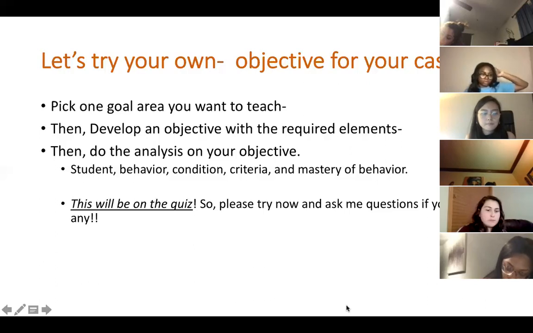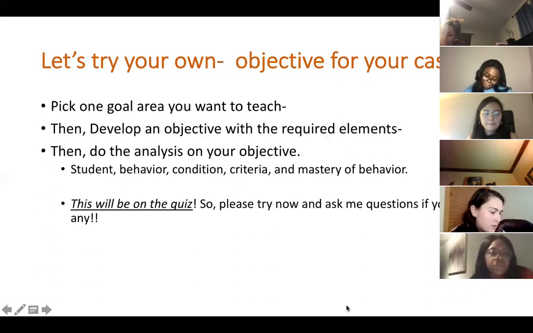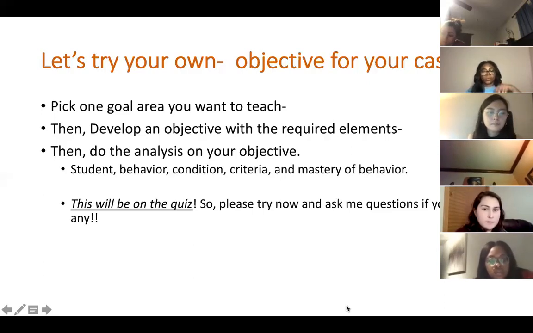Yeah, Christine? When given 16 counting bears, 4 red, 4 blue, 4 green, and 4 yellow, Nick will sort the bears by color with 100% accuracy for 8 out of 10 trials. Can you read the behavior part? Sorry, I missed that part. Behavior: will sort the bears by color. Perfect, perfect. So you have everything in your objective: condition, student, behavior, criteria, and maintenance.